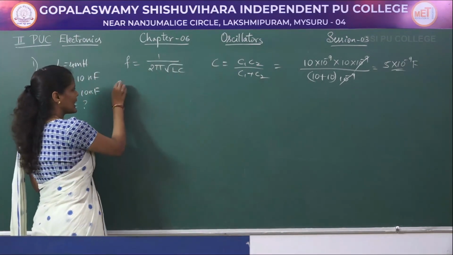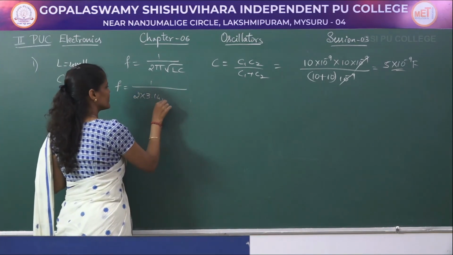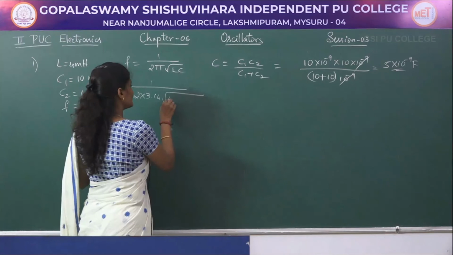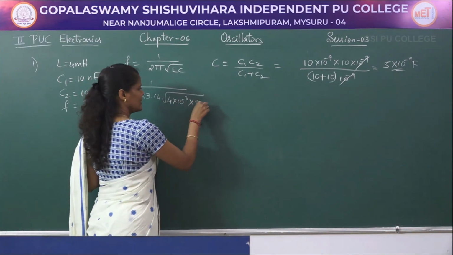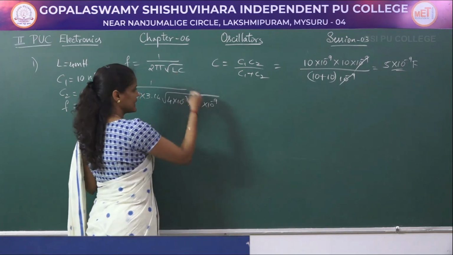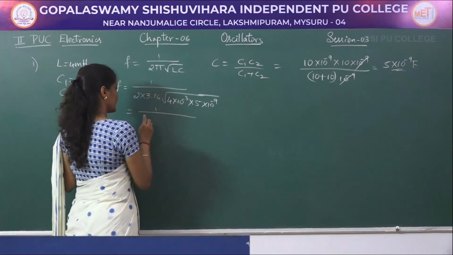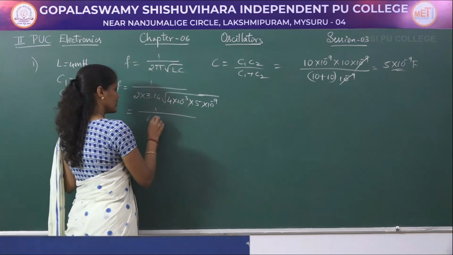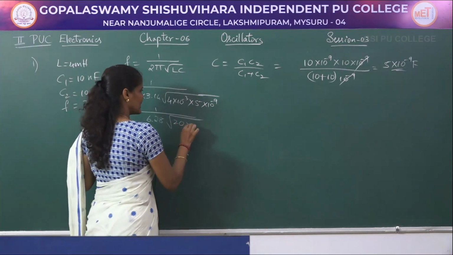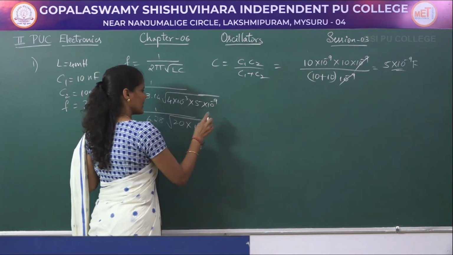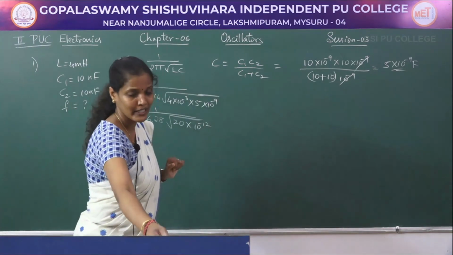So let us substitute that value over here. f is equal to 1 divided by 2 into 3.14, root of L value is 4 into 10 power minus 3 into 5 into 10 to the power of minus 9, that is C is equal to 5 into 10 power minus 9. So 1 divided by 2 into 3.14 gives me 6.28, root of 5 fours are 20, 20 into 10 to the power of minus 12, minus 9 and minus 3 gives me 10 to the power of minus 12.